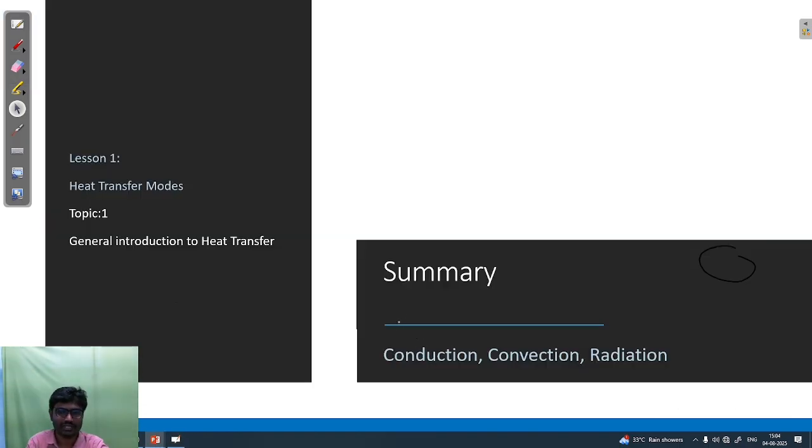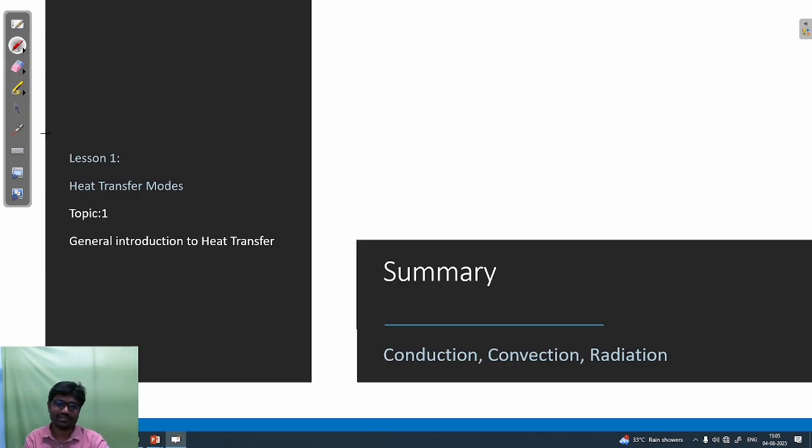This is a summary of what we have seen: three modes of heat transfer. We have seen the basic concepts of heat, what heat and temperature are, the difference between thermodynamics and heat transfer, and thereby the different modes of heat transfer: conduction, convection, radiation. I hope you have understood these concepts well.